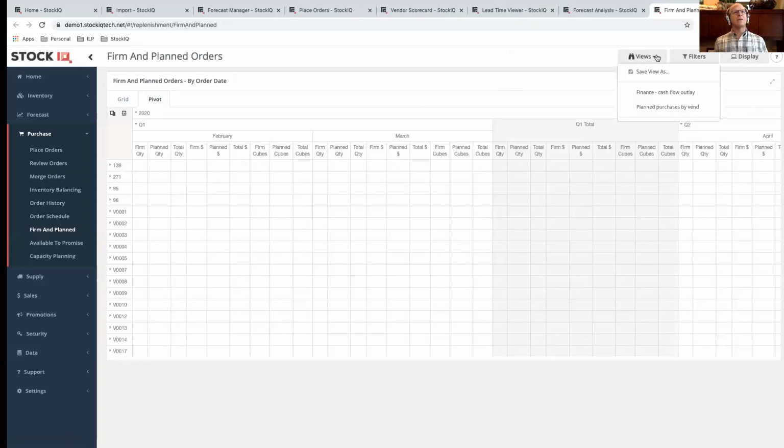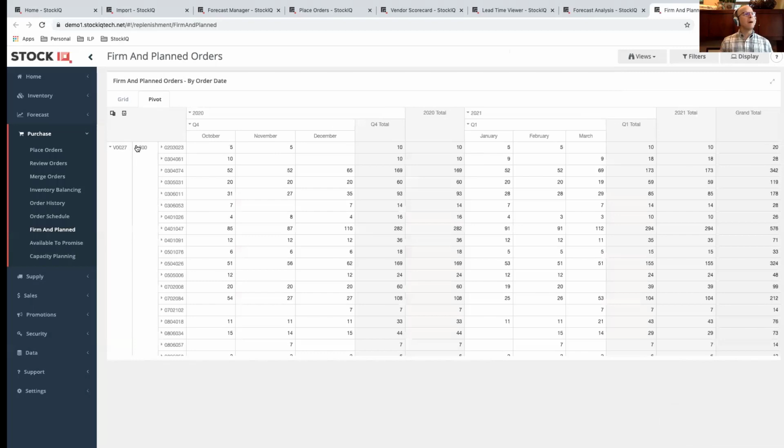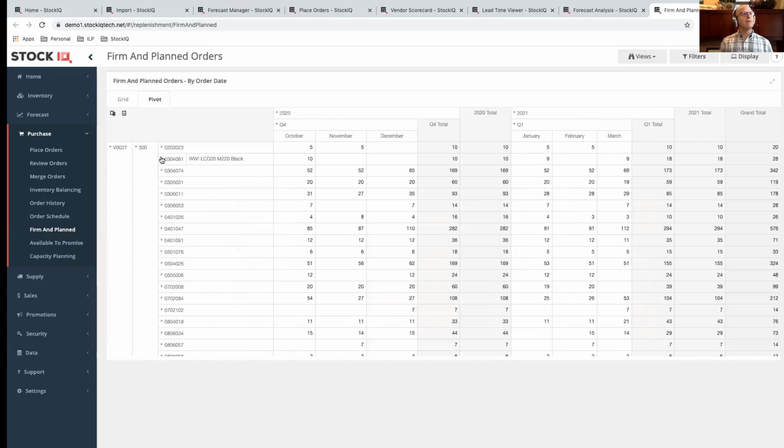For instance, I have a view out here, and let's look at our planned purchases by vendor. Essentially in this view I am summarizing what I am planning on buying from a vendor for a specified time frame by individual SKU. This tells that vendor what we're planning on ordering. These views can all be exported to Excel for easy transmission to those vendors.